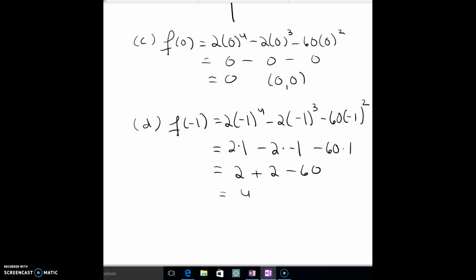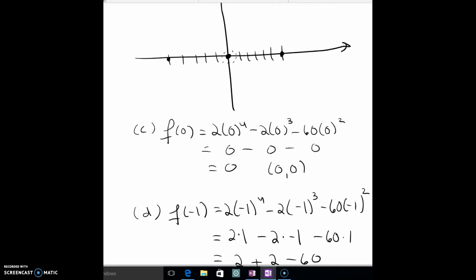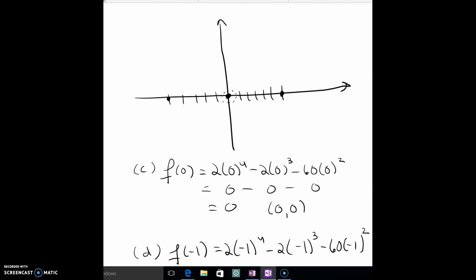That's the same thing as saying 4 minus 60, and that's the same thing as saying -56. So what that's telling us is the ordered pair -1, -56 goes through this. You don't have to write out 56 hashes, I'm just going to do this, -56. So -1, -56 is right around here.